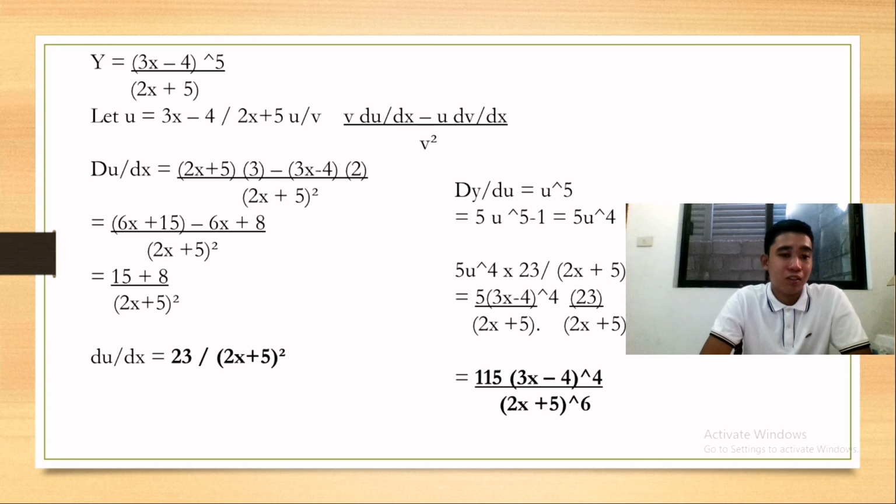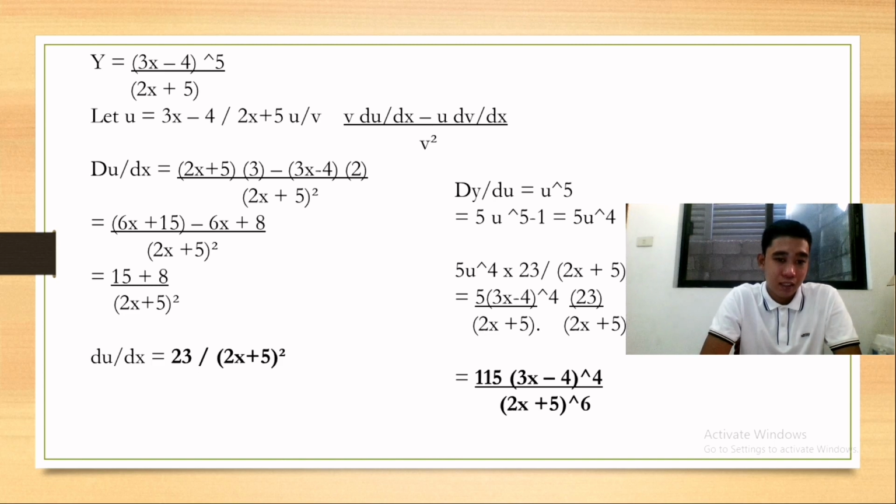Tapos y equals 3x minus 4 over 2x plus 5 raised to 5. Let u equals 3x minus 4 over 2x plus 5, u over v. Ang formula dito ay v du over dx minus u dv over dx over v squared. Du over dx equals 2x plus 5 times 3 minus 3x minus 4 times 2 over 2x plus 5 squared. Kasi didistribute natin yung 3 sa 2x saka sa 5, tapos yung 2 naman sa 3x saka sa 4.